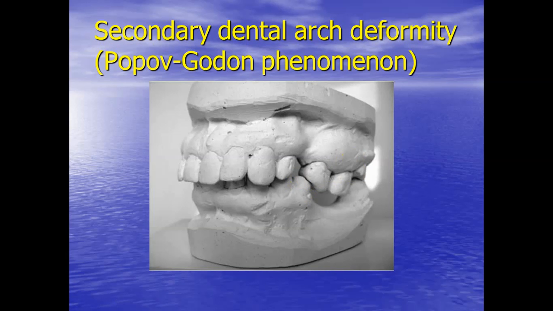So this Popov-Godon phenomenon is occurring quite a lot of the time as the growth of periodontal bone at the base of the alveolar ridge, and thus not the height of the crowns is increased, but the height of the alveolar ridge.